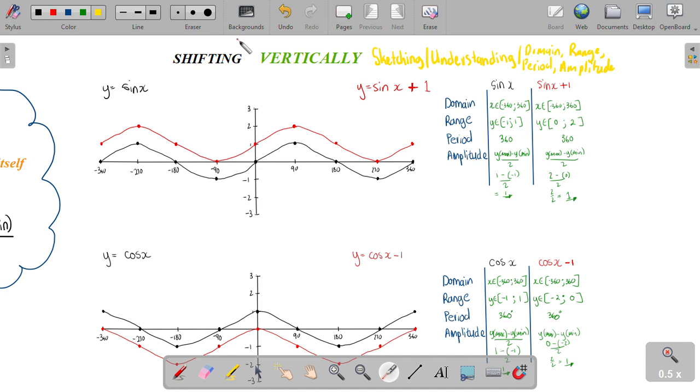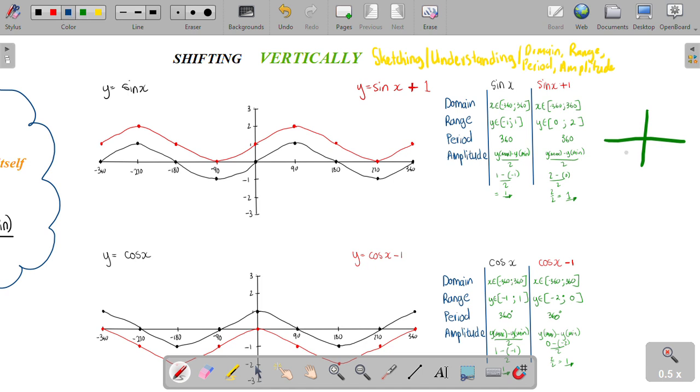What we are going to be looking at today is how we interpret, understand and draw graphs when we are shifting vertically. Meaning the graphs are moving up and down. They're not necessarily stretching. Say this is my axes.